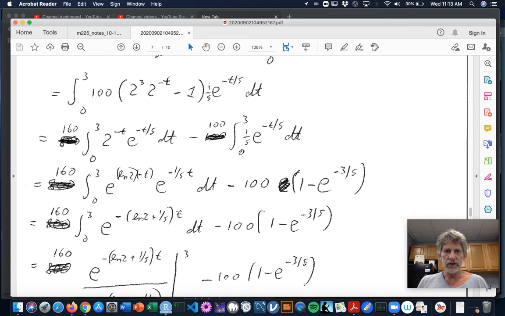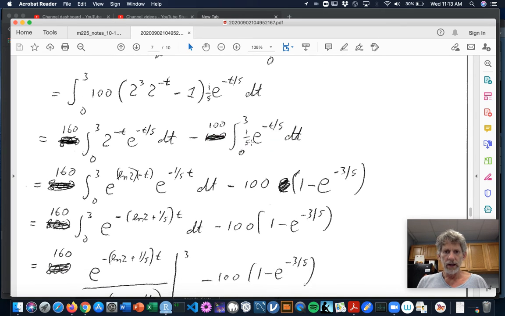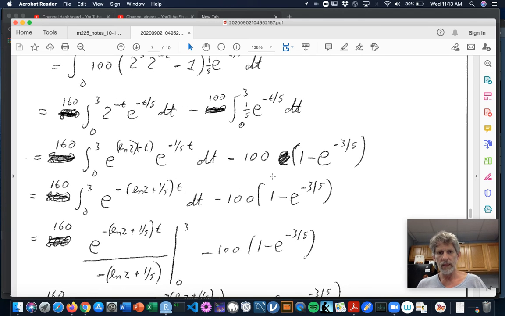Next, let's think about this other integral here. This one is actually quite easy, because we know that the probability for an exponential to be bigger than a number is e to minus that number over theta.